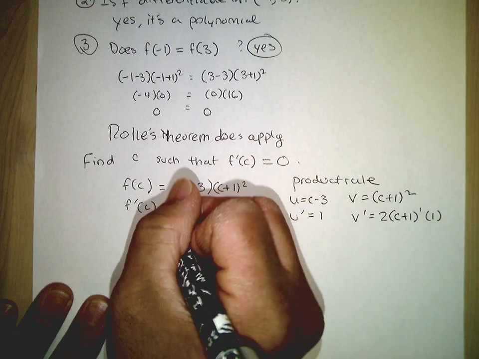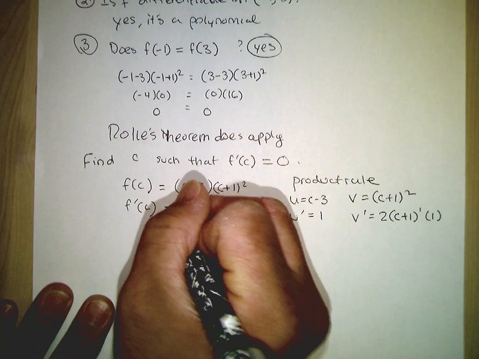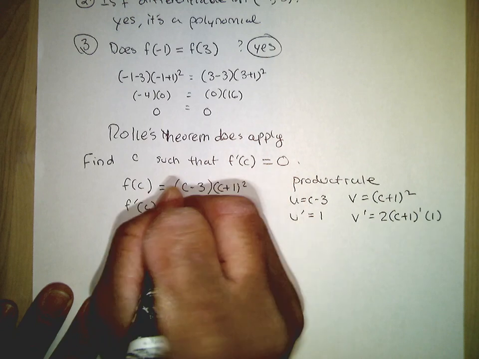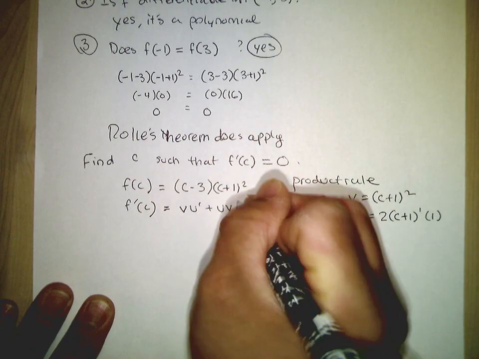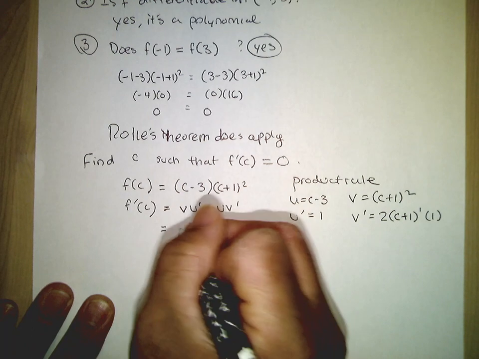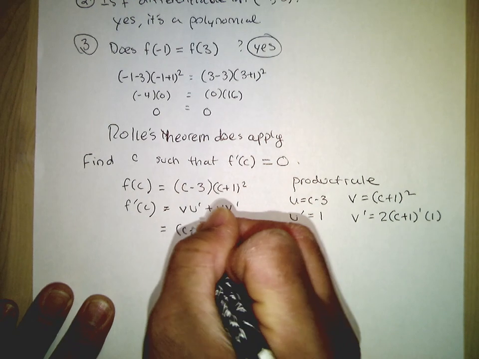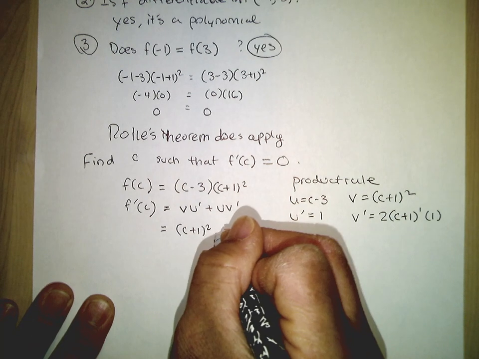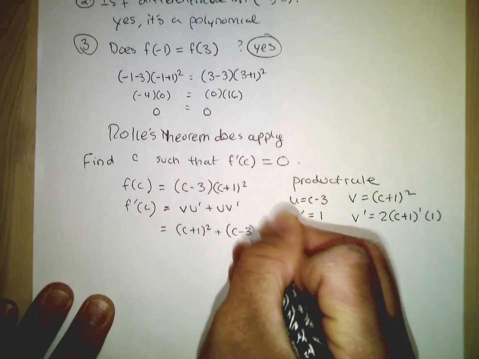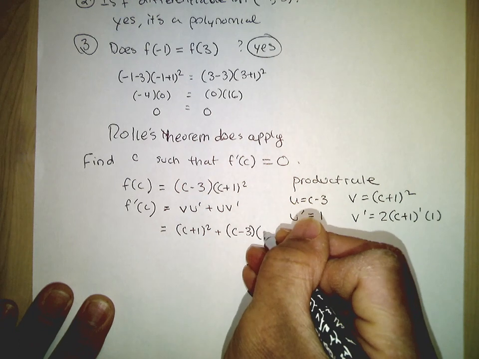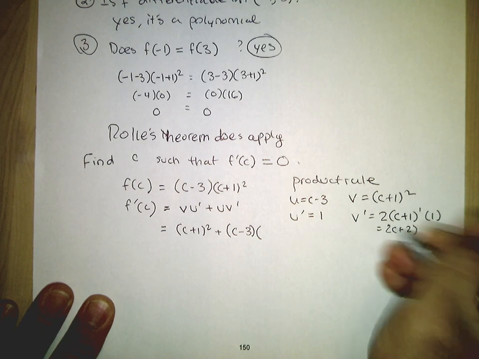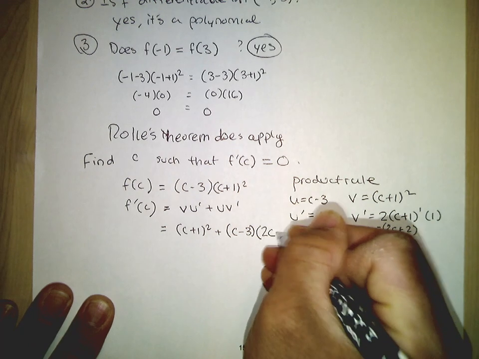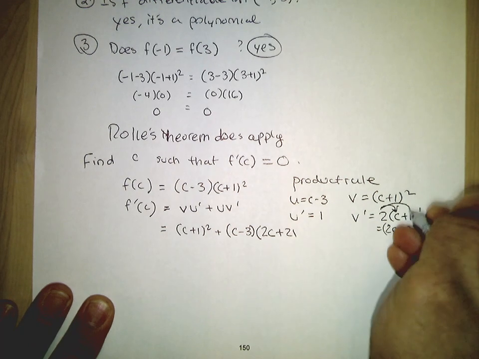So the derivative is v u prime plus u v prime, which is c plus 1 squared plus c minus 3 times, and I'm going to write this as 2c plus 2. I'll distribute this 2 right here.